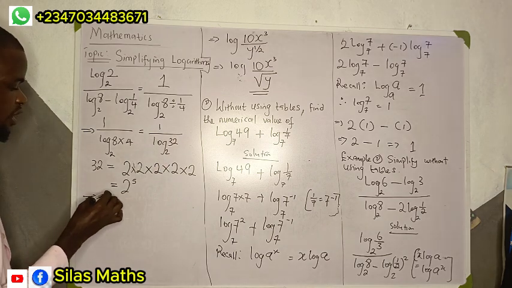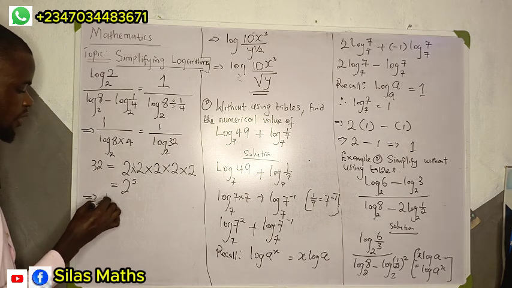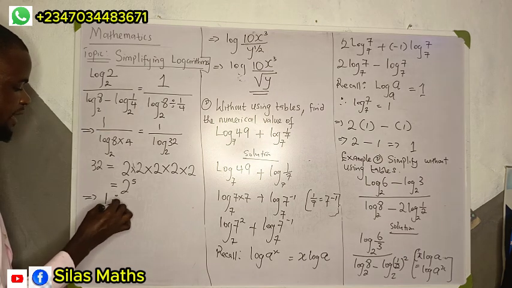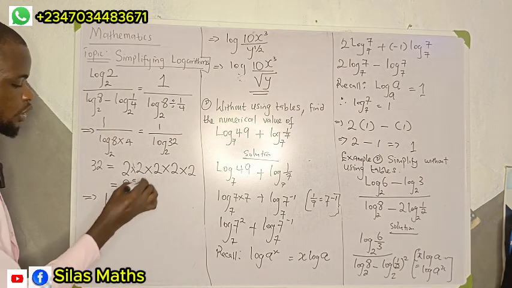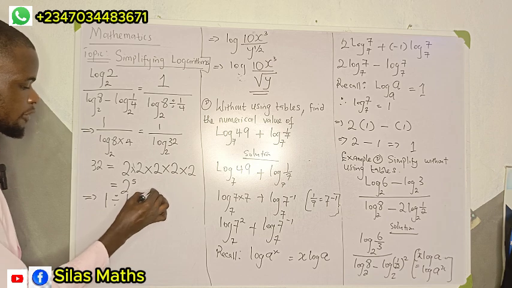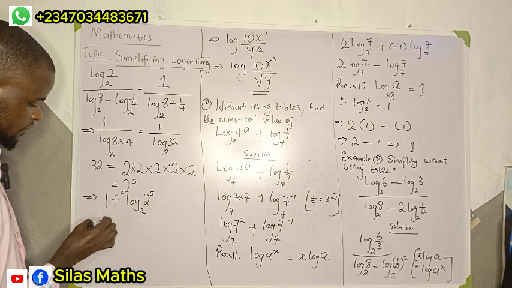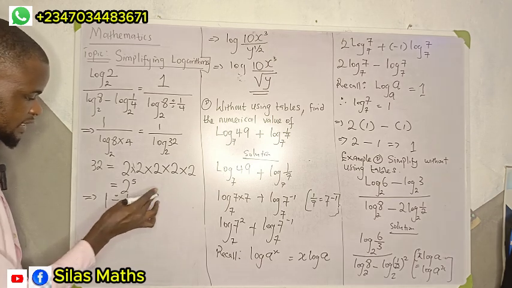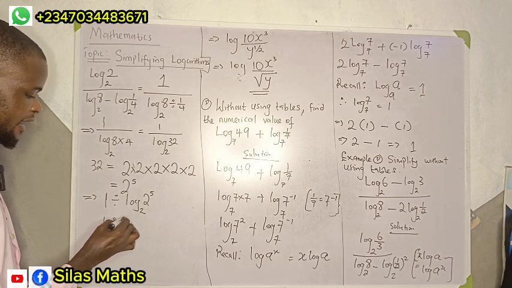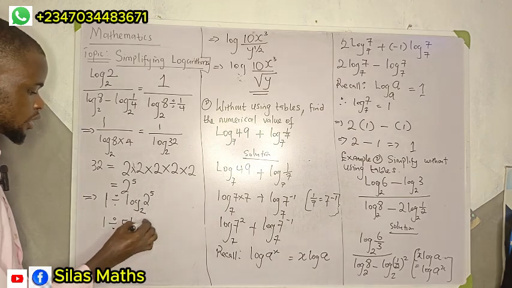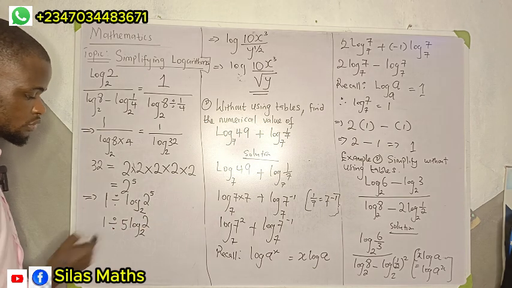This becomes, let me write it this way, 1 divided by log of 2 to the power of 5 base 2, which is also 1 divided by, this power will multiply, I have 5 log 2 base 2.